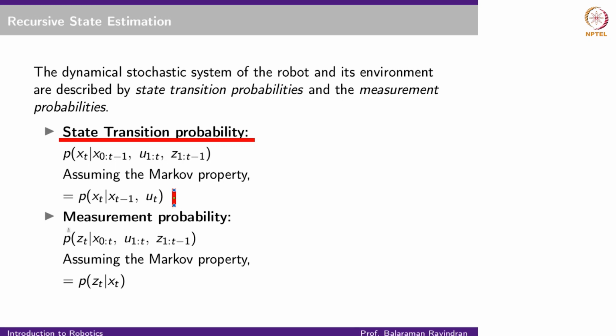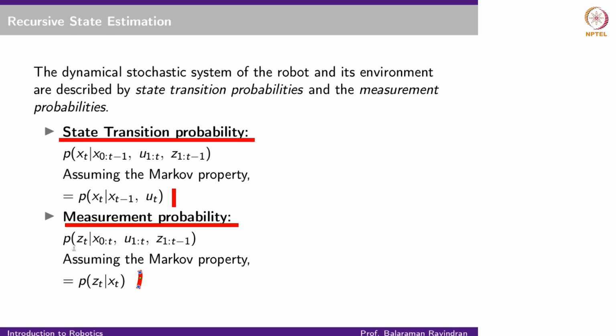And the next quantity we look at is what we call the measurement probability, which is, assuming that I am in state xt, what is the probability that I will make a measurement zt?